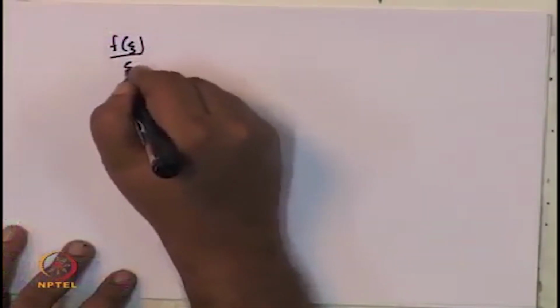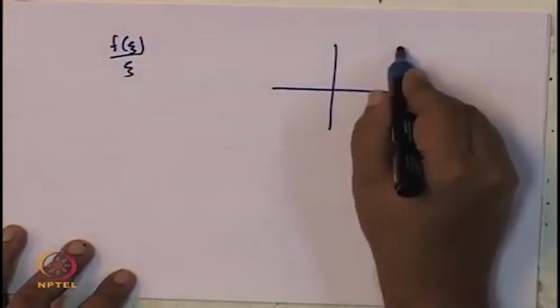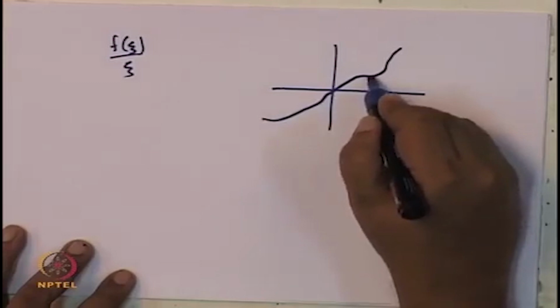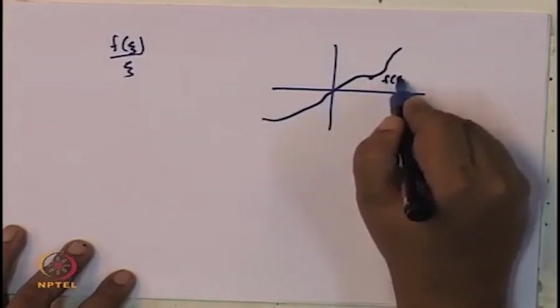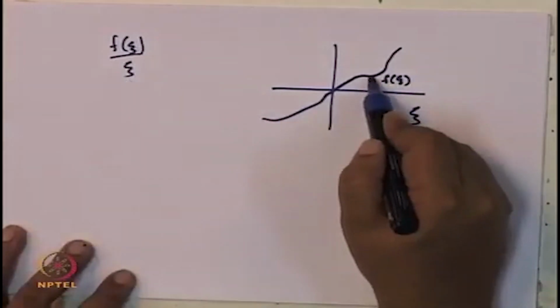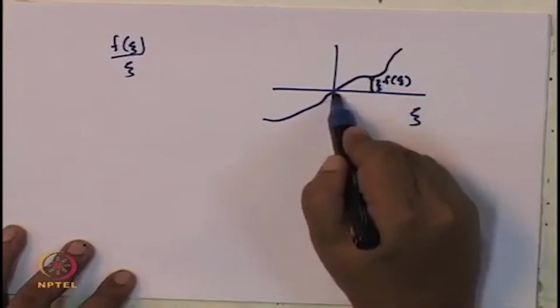When we are looking at f(xi) by xi, we are really looking at this divided by this.